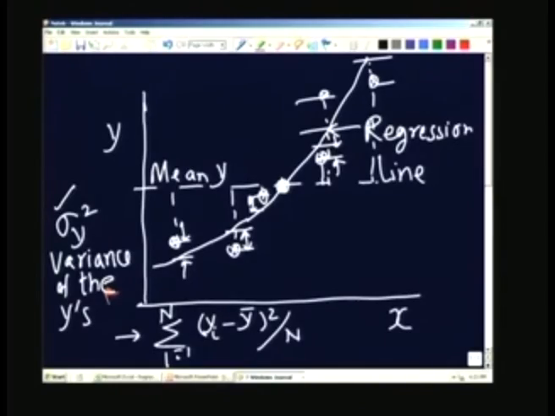So, I am going to compare these two variances, and if the variance with respect to the local value is small compared to the variance with respect to the mean value of the y, then I can say that whatever relationship I have obtained is good.